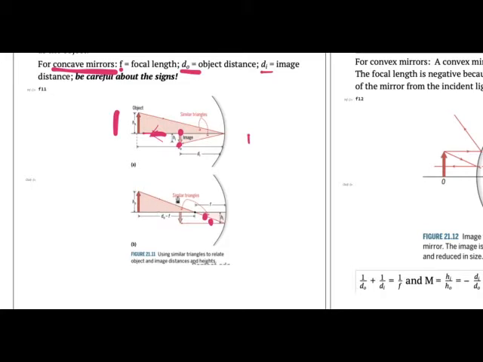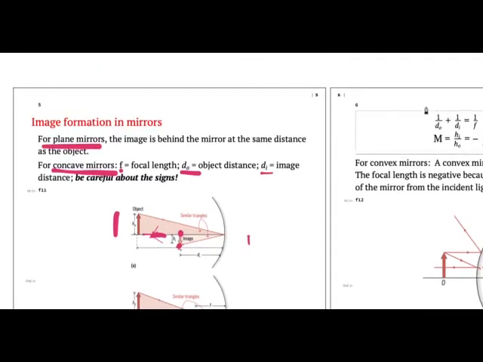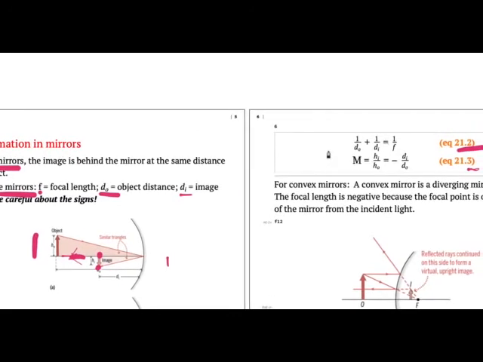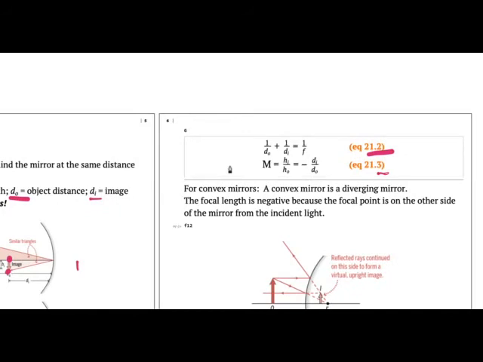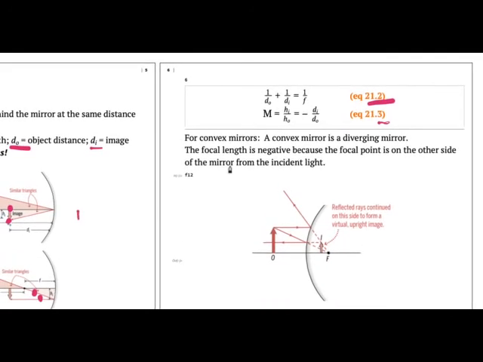By analyzing the triangles here, and you'll have to look at that in the book, you find that 1 over DO plus 1 over DI is 1 over F. All right, so that's the case of a concave mirror.